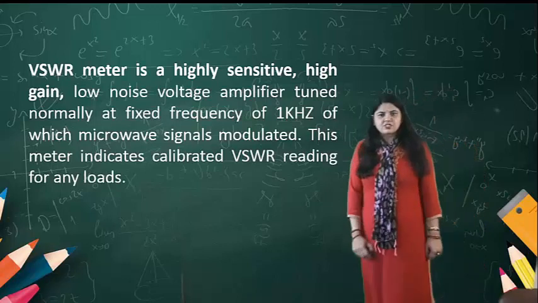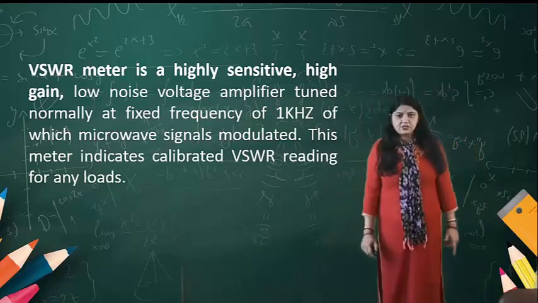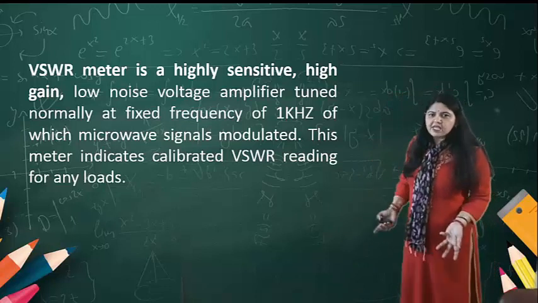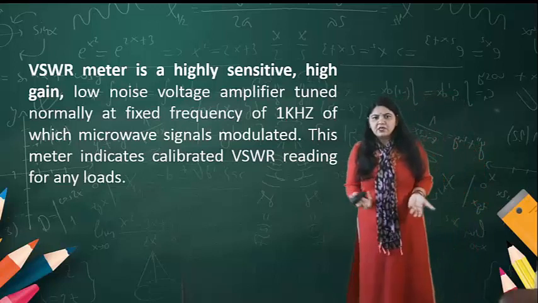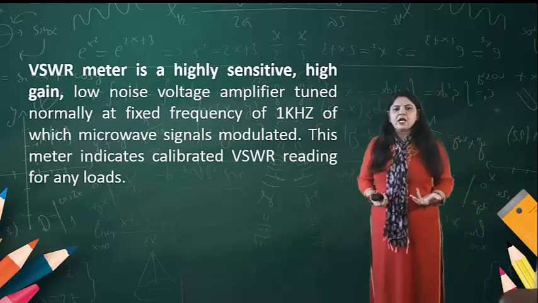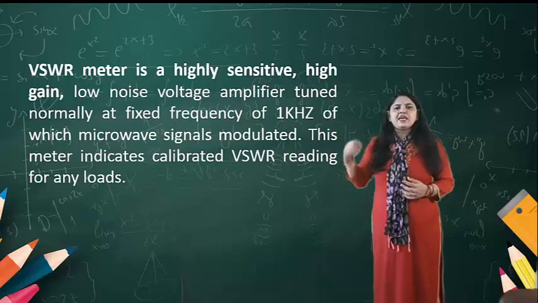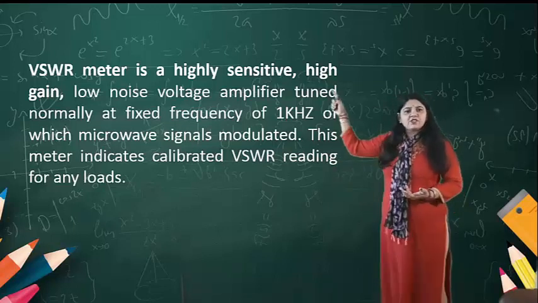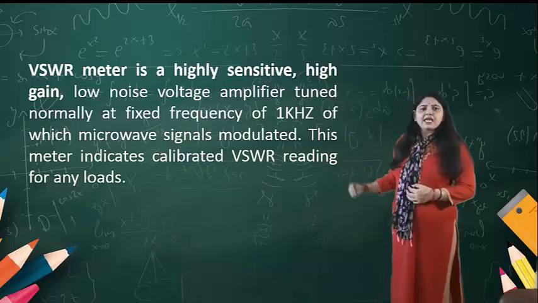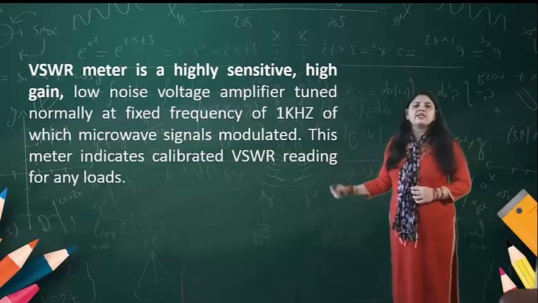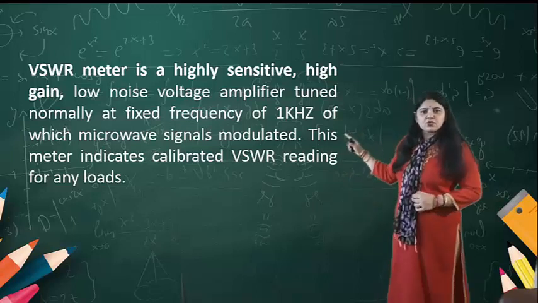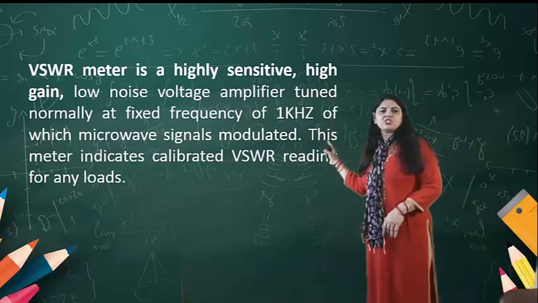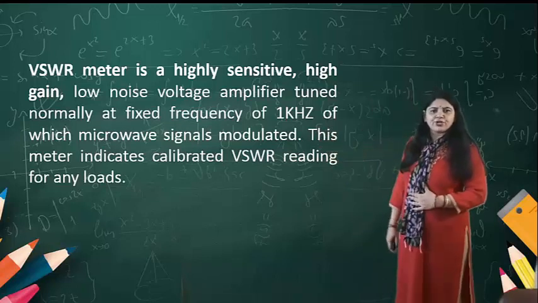Another device is the VSWR meter. We know that we need to find the V maxima and V minima, and putting all the values in the equation, we can find the VSWR. But directly, the VSWR meter is available, which is a highly sensitive, high gain, low noise voltage amplifier, tuned at the frequency of 1 kHz, at which the microwave signals are modulated.